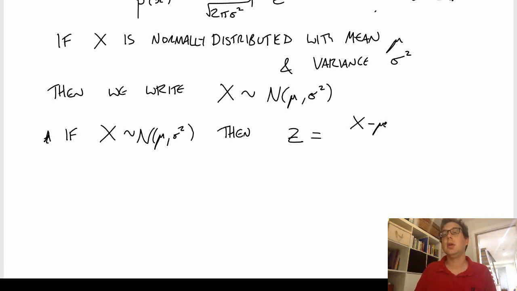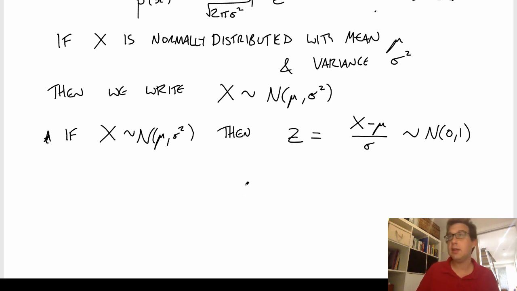Also notice with the variance, if I take a random variable and divide it by sigma, then the variance is reduced by a factor of sigma squared. So we go from a random variable that's normal with mean mu and variance sigma squared to a random variable normally distributed with mean 0 and variance equal to 1.